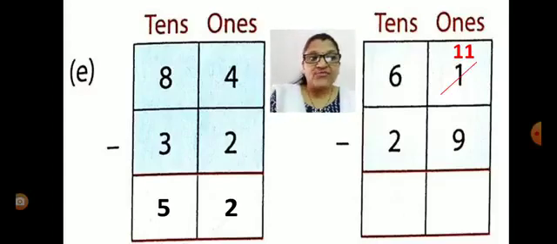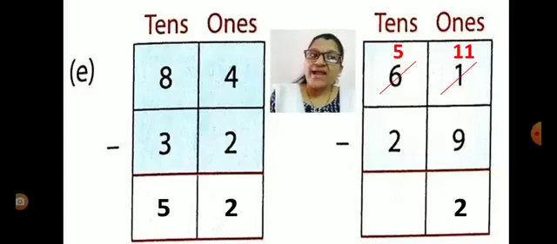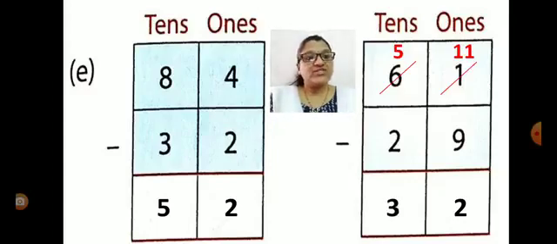Now we can subtract 9 from 11 and the answer will be 2. We'll write it below 9. Now as we have borrowed 10 from tens place, that is 6, we have to cut 6 and write 6 minus 1, that is 5 above it. Now we have to subtract number 2 from 5. So 5 minus 2 equals 3. 32 is the answer. Let us see the next example.